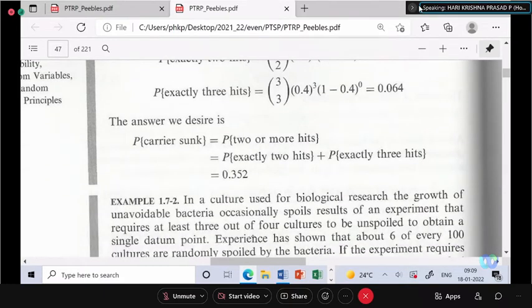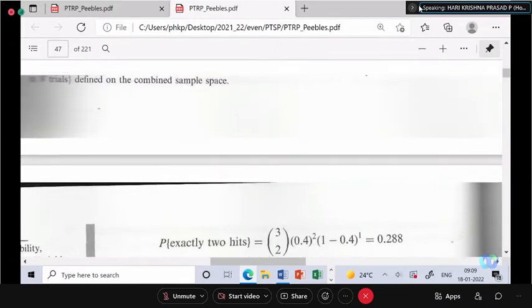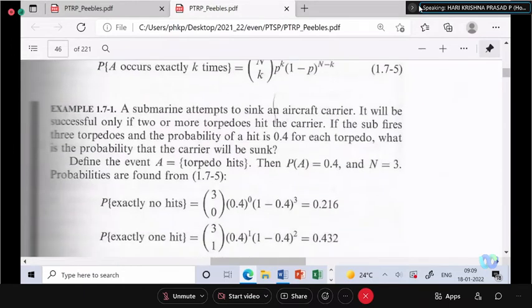Probability that the carrier should sink. Then probability of 2 or more hits. Okay. Then 2 or more hits means exactly 2 hits, exactly 3 hits. Okay, let me see the statement again. Problem: if the sub fires 3 torpedoes and the probability of hit is 0.4 for each torpedo, what is the probability that the carrier will be sunk?